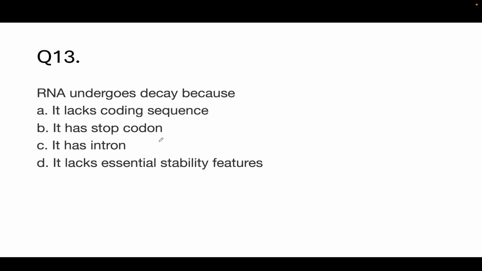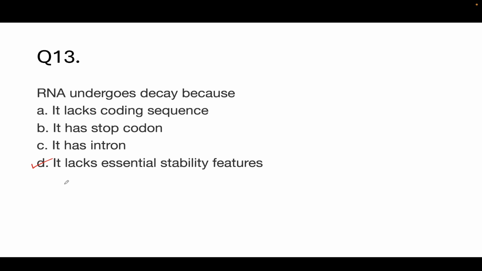As most of you say D, that it lacks essential stability features, it is correct. So which essential stability feature does it lack? Basically, in ribonucleic acid there is a hydroxyl group, that is an OH group, present at the 2' position, and this hydroxyl group is highly reactive.